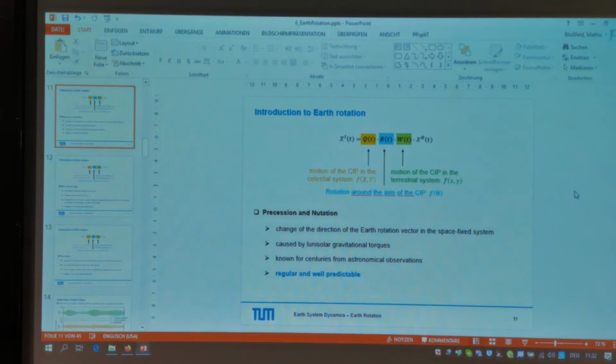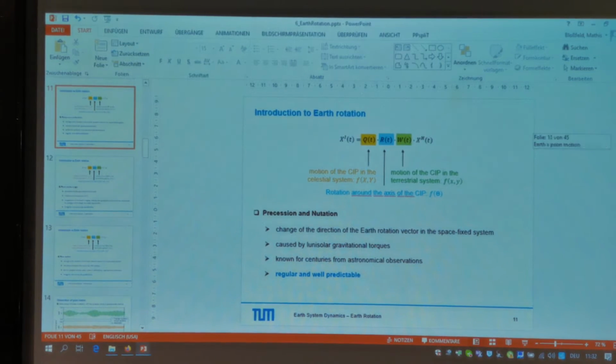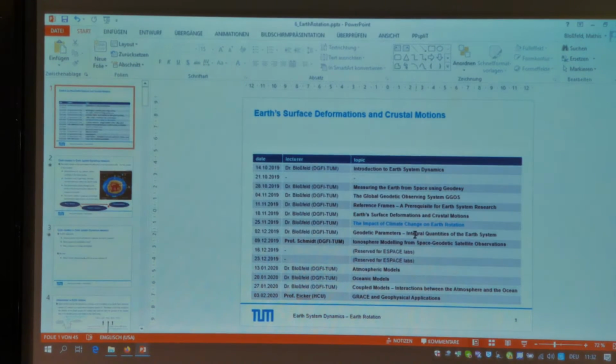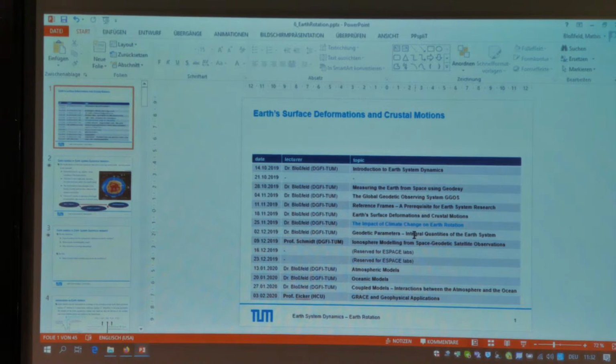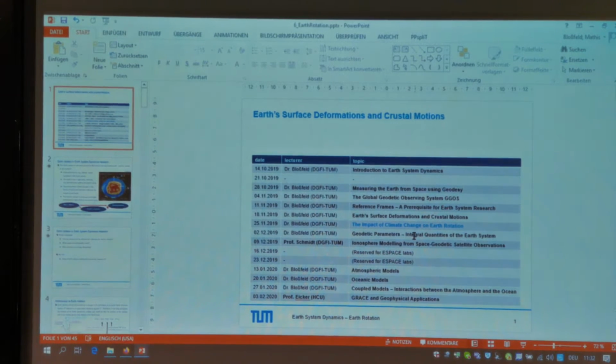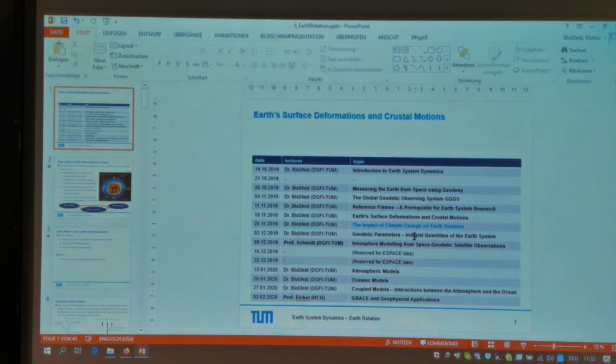Okay, today we have to hurry up a little bit because we have a lot of stuff we want to finish today. Please keep in mind, next week there will be the guest lecture by Professor Schmidt on ionosphere modeling from space geodetic observations.